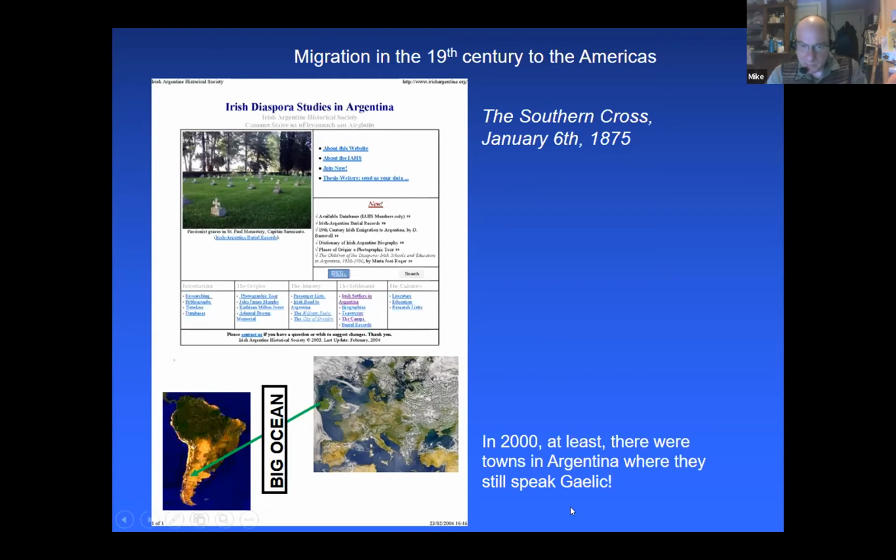Anyway, the first year I went to Argentina was in 2000, and we were driving around Argentina, and I read that in some of the towns in Argentina, people still speak Gaelic because they had come over. The grandparents had been alive when they were, and at home they spoke, they didn't speak Spanish, or certainly not English. They would have actually spoken languages from the old countries.